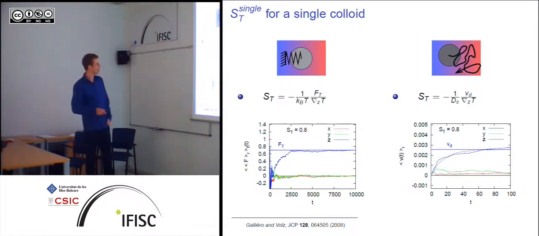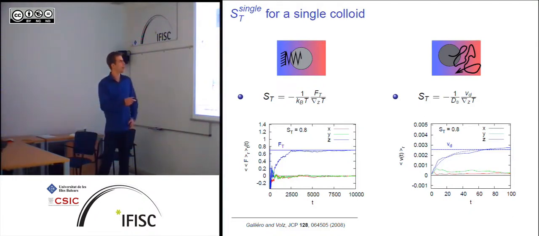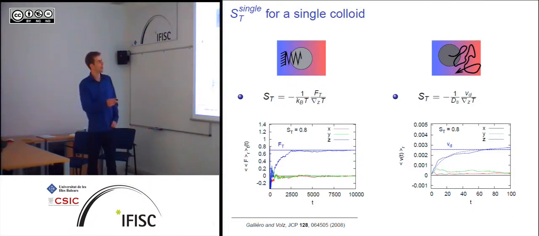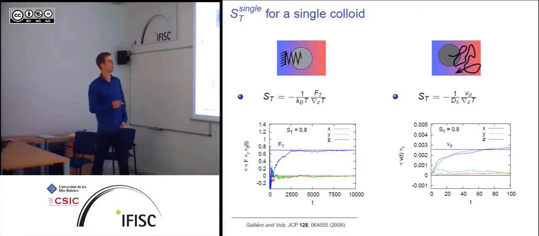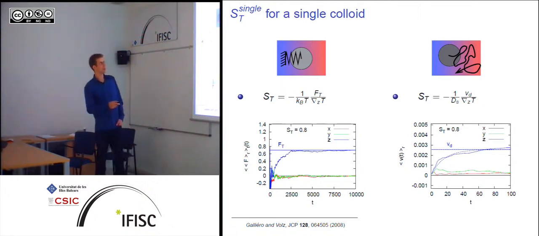This method had been used before in molecular dynamics simulations, where they also use the same mechanism to measure the thermophoretic force. And to verify that we don't have any additional effects due to the confinement of the particle, we compare these simulations to a system where you let the particle move freely in the system.